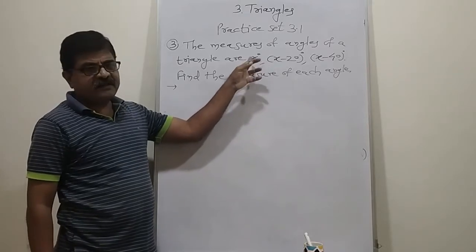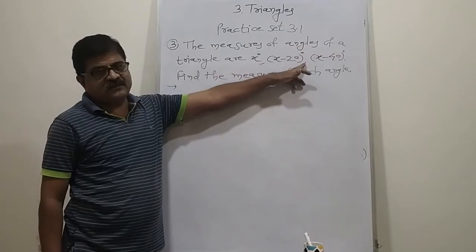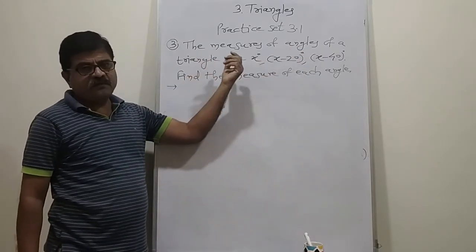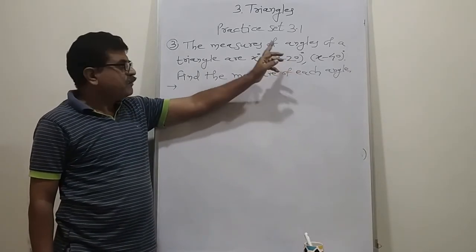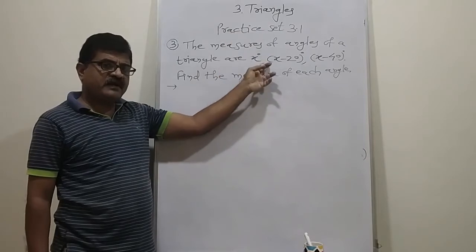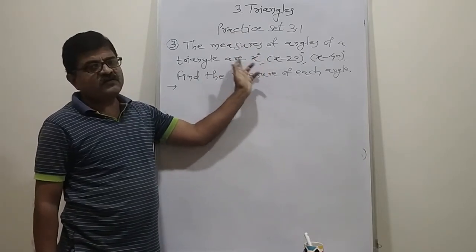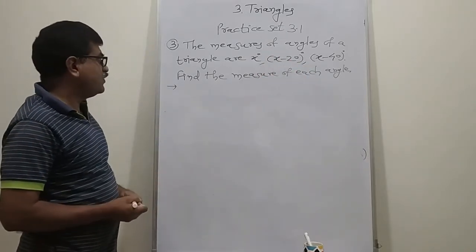For a triangle there are three angles. We have given these three angles. Find the measure of each angle. We know the property: the sum of all angles of a triangle is 180 degrees. By using this we can find the value of x, and using the value of x we can find all these three angles.